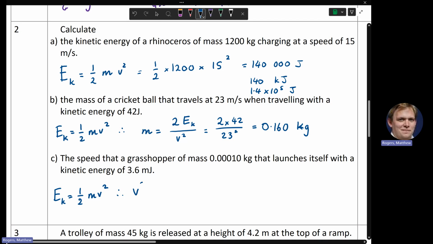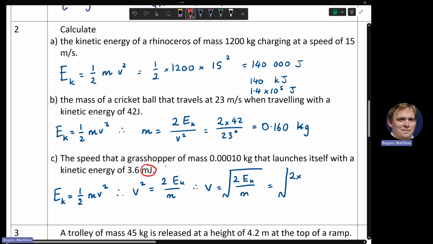If we rearrange for v squared first, we get that's 2 times the kinetic energy over the mass, and then v is the square root of 2 times the kinetic energy over the mass. So here that's the square root of 2 times. Then we've got the energy to deal with over here.